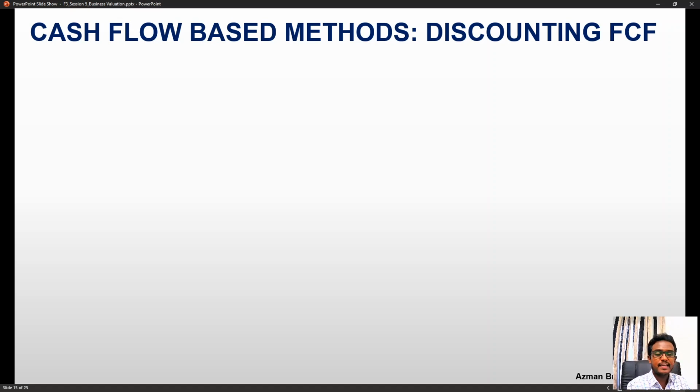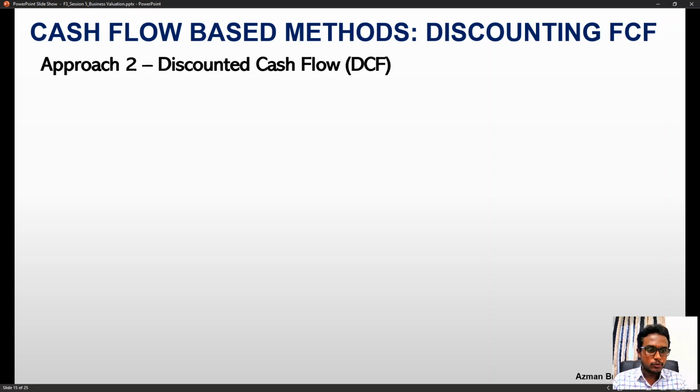Approach 2 is discounting your free cash flows, the FCFs. Now this approach is very detailed, to say the least.